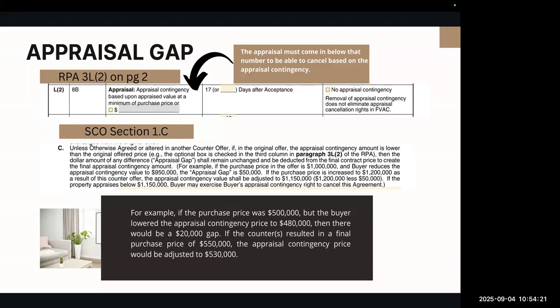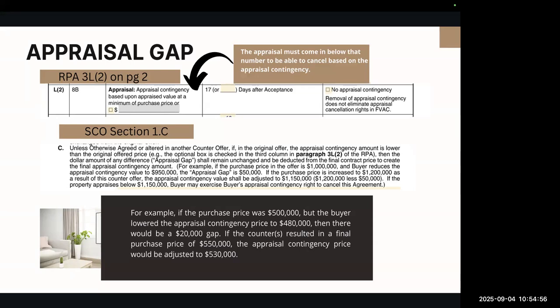They've put in here 400. We counter at 410. Then that automatically increases this to 405. Is that right? Yes. Okay, and let's say that the seller is not willing to take anything less than 400, and it somehow appraises at 395. Is it possible to establish that minimum purchase price at 400?